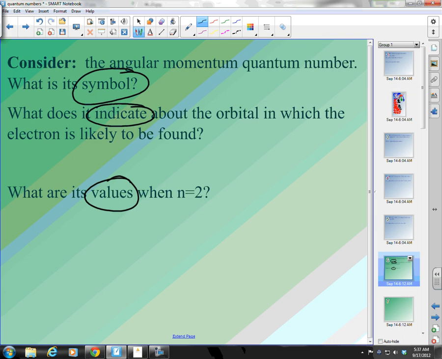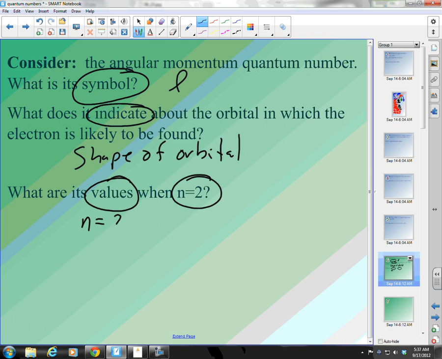Let's go see. All right, what is the symbol? We know the symbol is L. What does this indicate about the orbital? This tells us the shape of the orbital, the shape of that most likely location where an electron is to be found. And what are its values for n equals 2? We just did that.